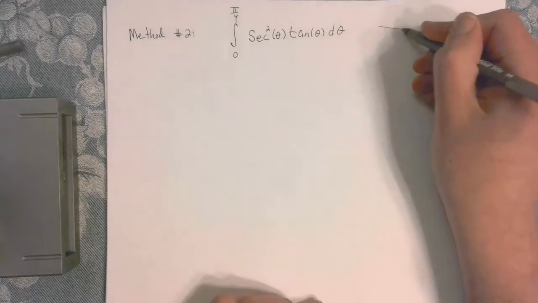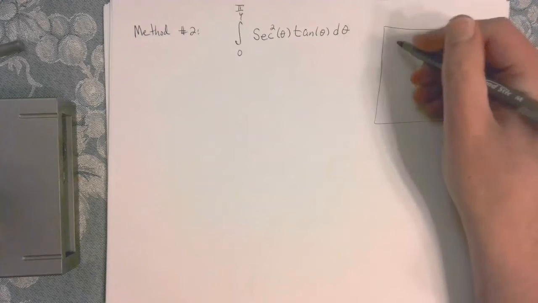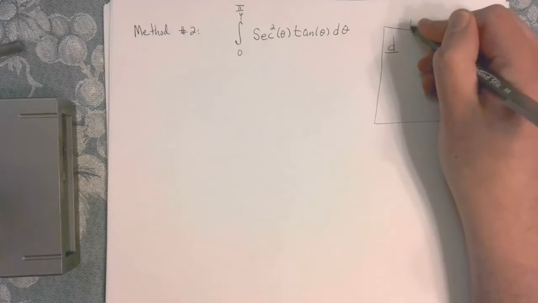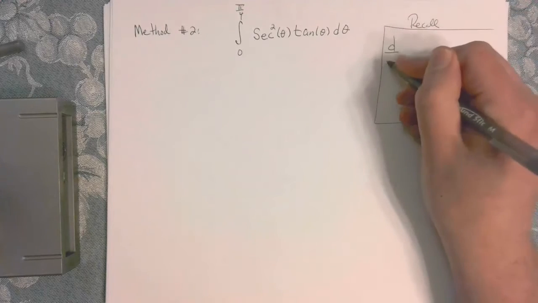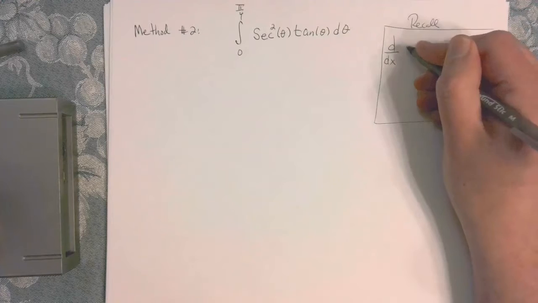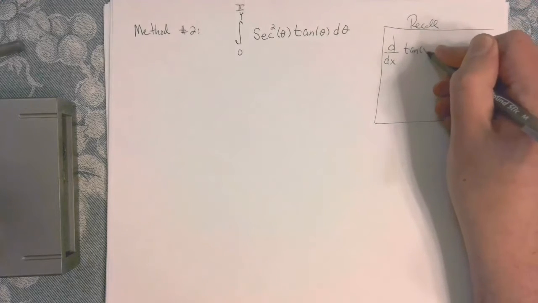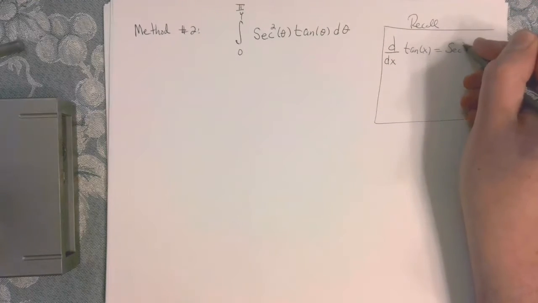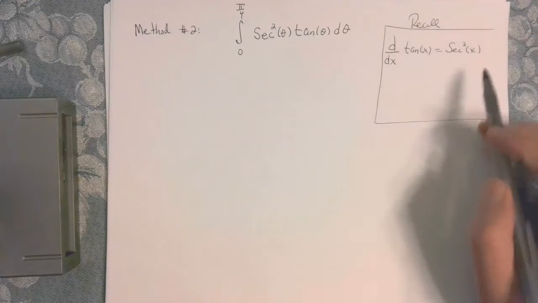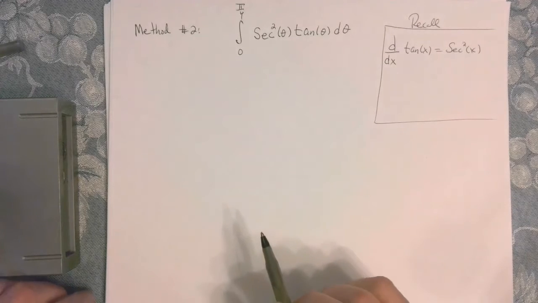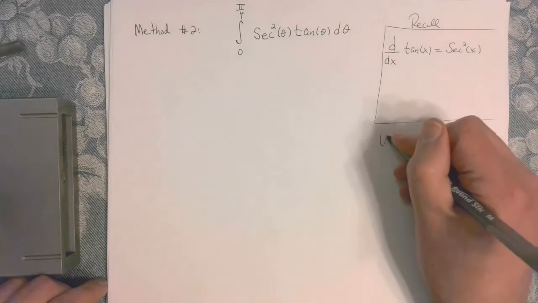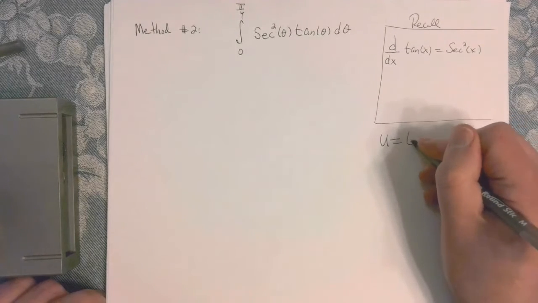Now, for method 2, we need to recall something a little different. We need to recall the derivative of tangent. The derivative of tangent of x is exactly secant squared of x. That's going to inspire my substitution this time. So this time, I want to let u equal the tangent of theta.